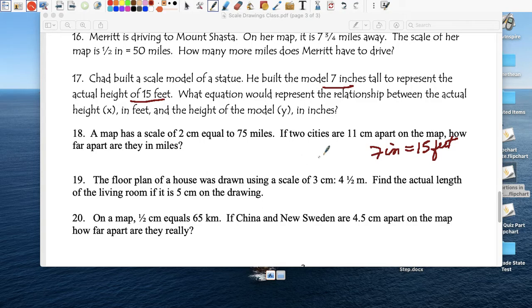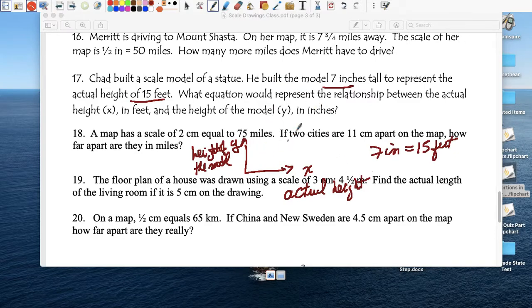The actual height is x. So if you do this, this would be the height of the model, and here is my y. The actual height is your x-axis.